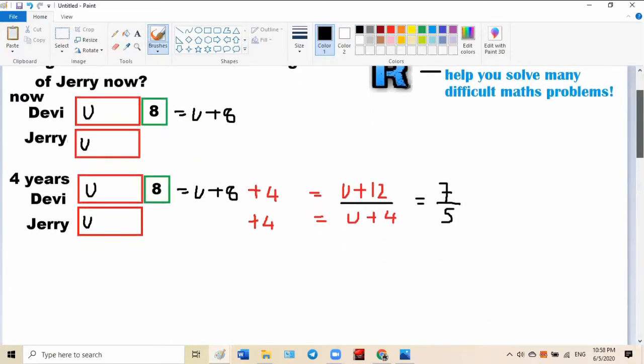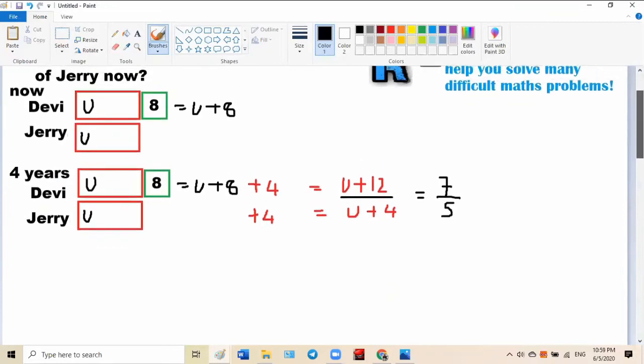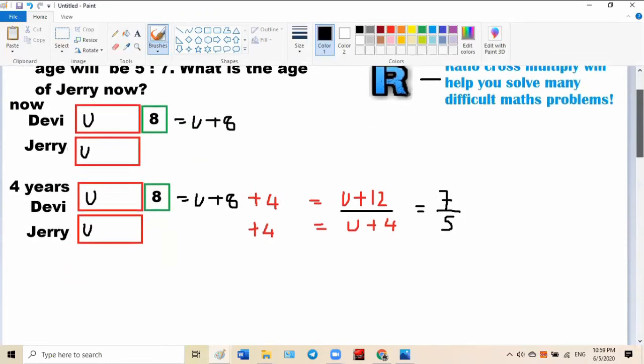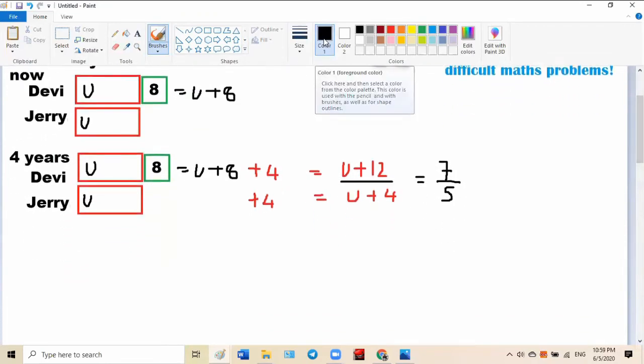Now we apply our ratio cross multiply method. Without really much thinking, you just crisscross. 5 sets of this will be equal to 7 sets of this.